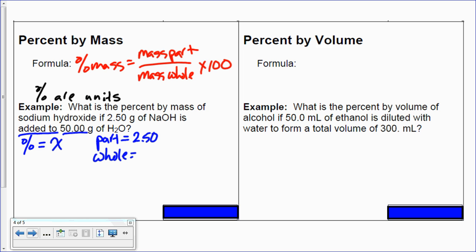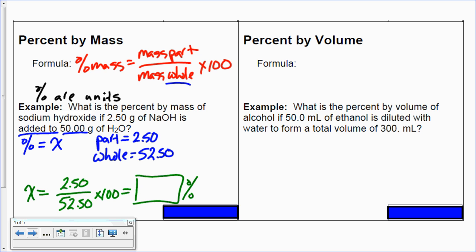So if you add 2.5 grams of solute to 50 grams of solvent, the total mass of the whole is actually going to be 52.50. So be careful, because masses do get added together, the way these problems are worded. So our X equals 2.50 divided by 52.50 times 100, which equals our answer in percentage. So check your answer there in the bottom right corner of the box.